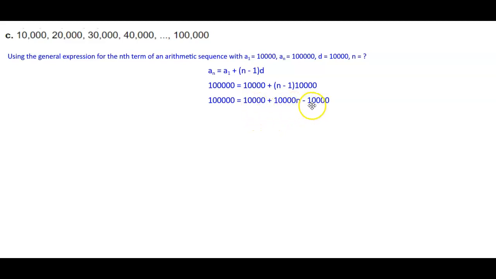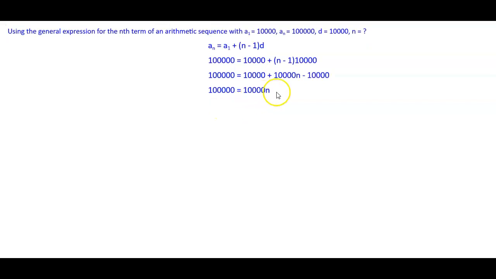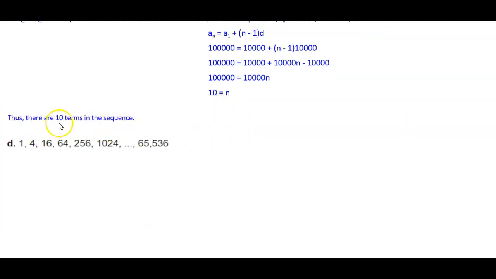Now 10,000 minus 10,000 gives you 0. So what's left is 10,000n, which is equal to 100,000. To solve for n, we divide both sides by 10,000, and therefore n equals 10. Therefore, there are 10 terms in the sequence.